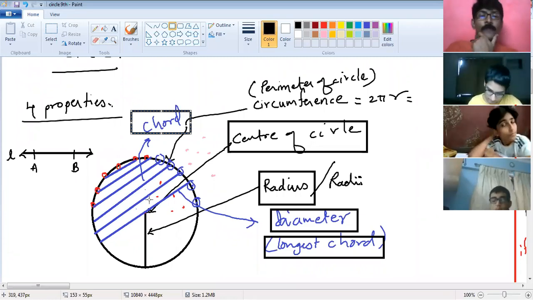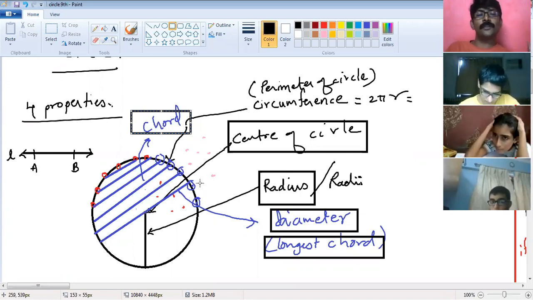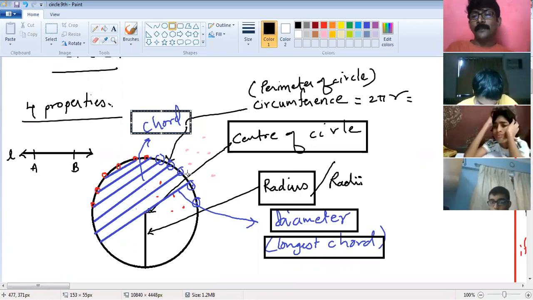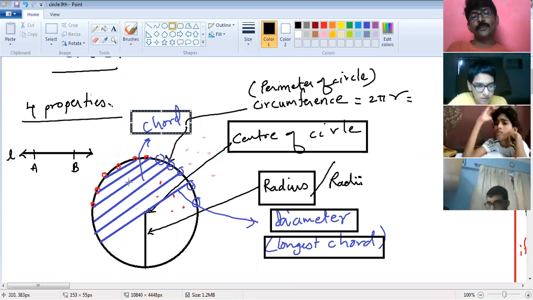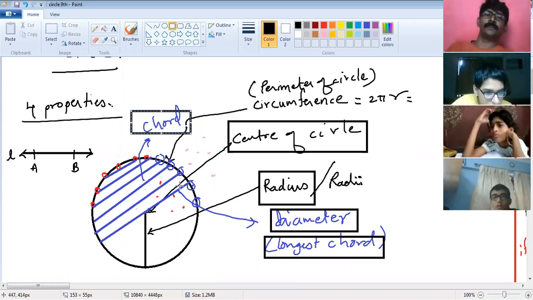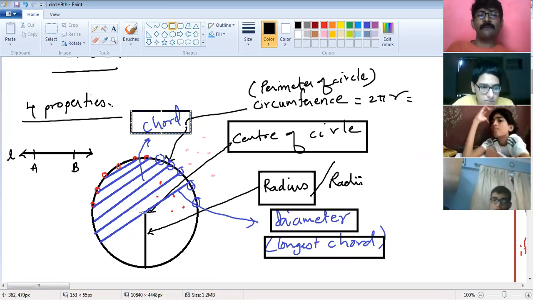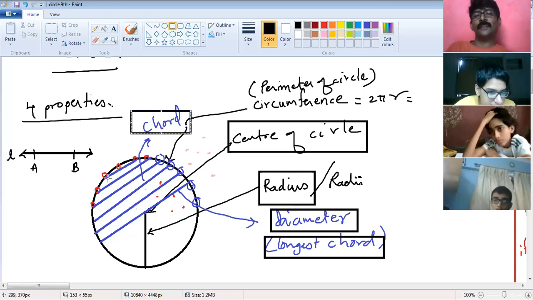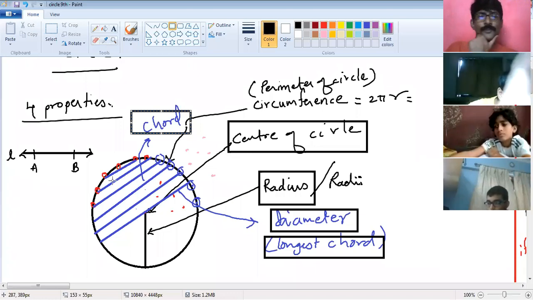One more interesting thing related to the chord is, as we come closer and closer to the center, the length of the chord is increasing. And vice versa, as we go far from the center, the length of the chord is decreasing. I hope you understood what I mean by that.